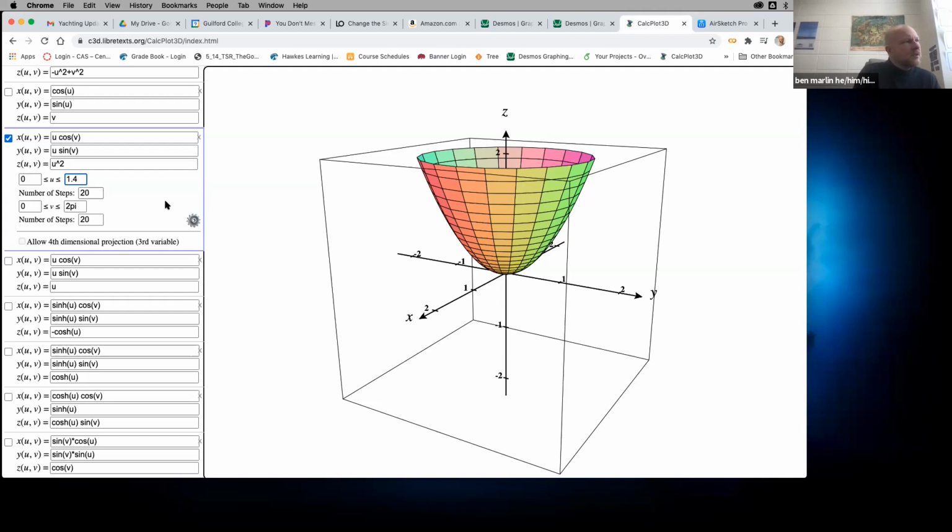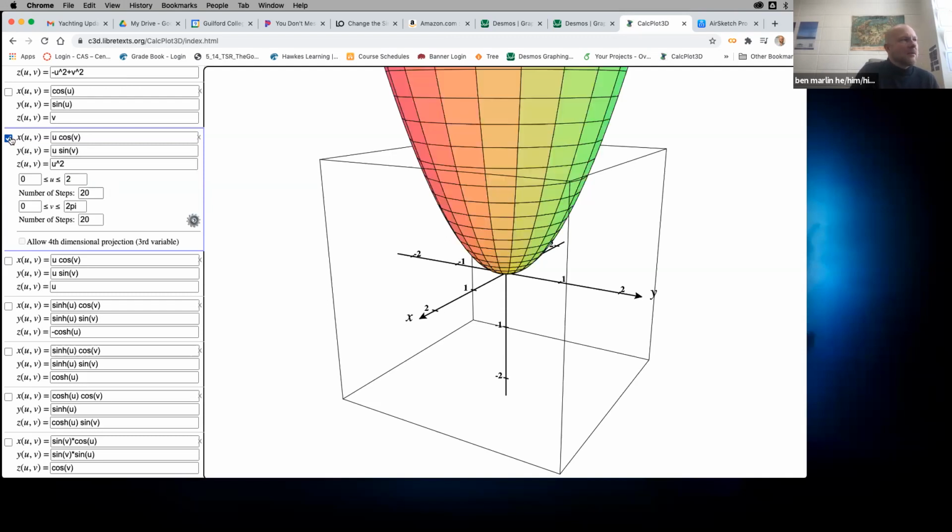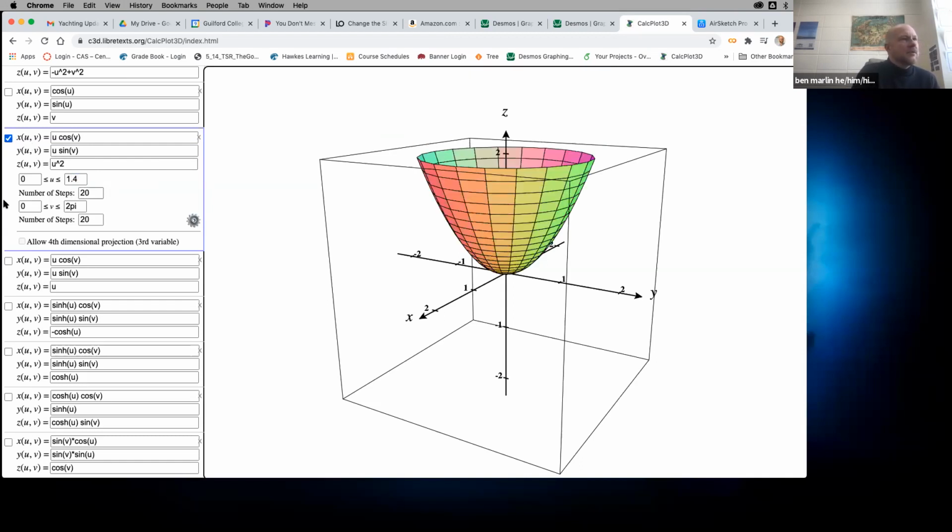I let my u go 0 to 1.4 because if I only let it go to 1, it kind of looks a little bit too squat. And if I let it go up to 2, it ends up going out of the picture. So I played around with it, and 1.41 is pretty close to the square root of 2. So having the square of u up here suggests why you would do that. All right.